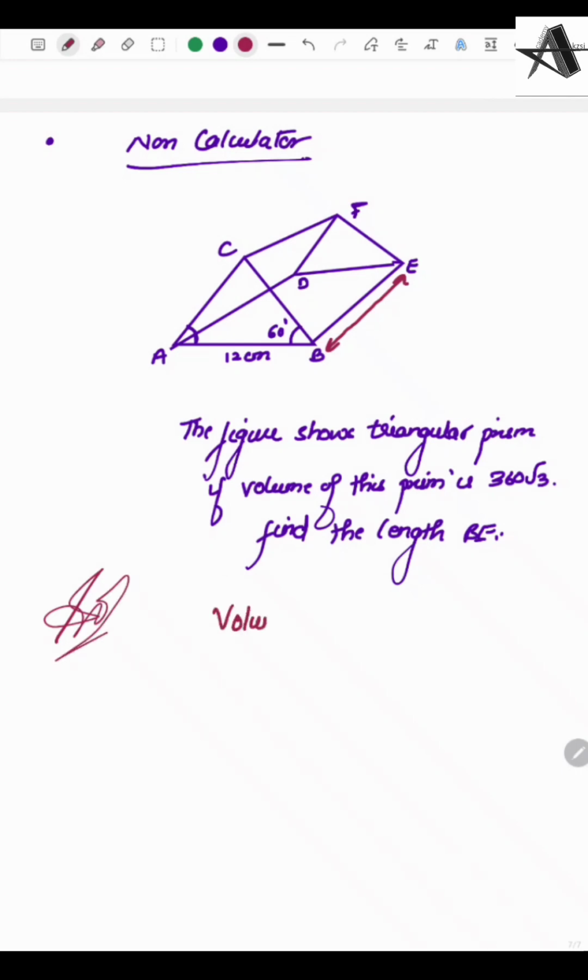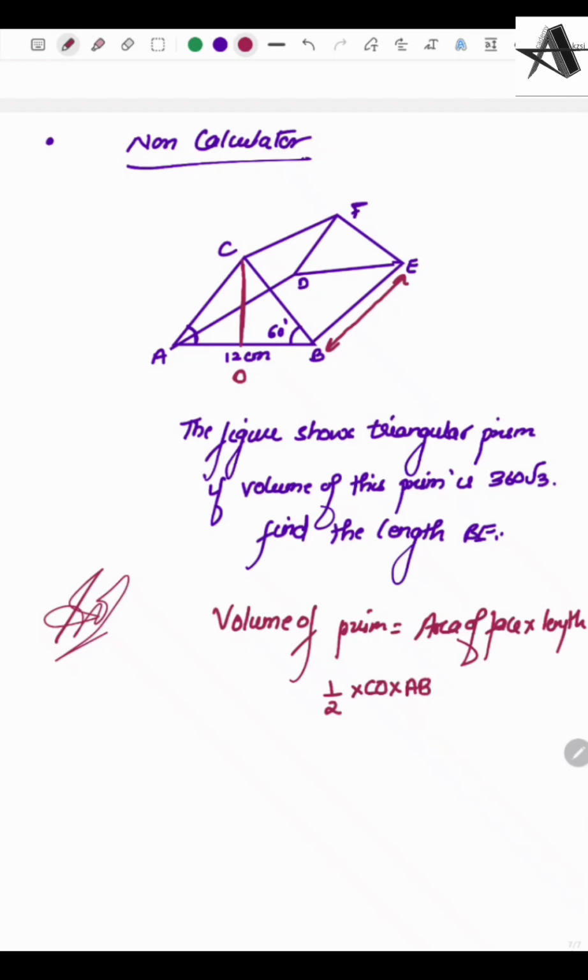Volume of prism is area of face into length. The area of face is this triangle, so I need to draw a perpendicular. So half times, let's say this is CO, half times CO times the length, that is AB. This is the area of face.